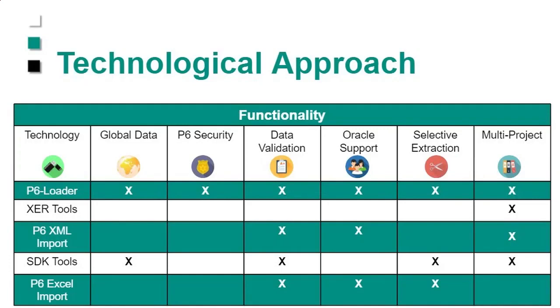So then a little bit later, Primavera came up with what they called the SDK, or the Software Developers Kit. Now, the SDK gave you a little more control. It allowed you to import and export global data. It did validate the data, and it did allow you to do selective extraction and multiple projects at the same time.